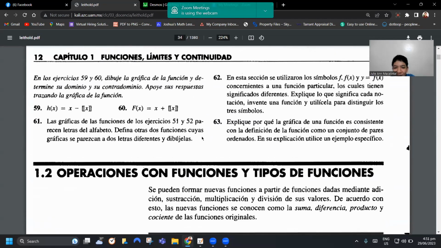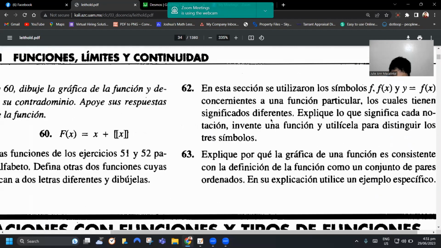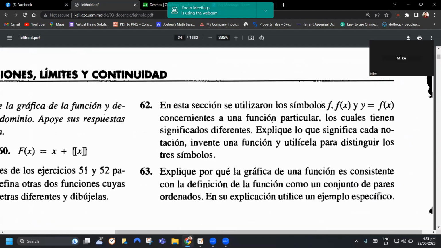Oh no! I have to learn Spanish. Okay. Di ba may printed copy ka naman ng TC7? Here in the most, in the section using the symbol here. This is once concerning particular function. I don't know. Explain the significance of the function.